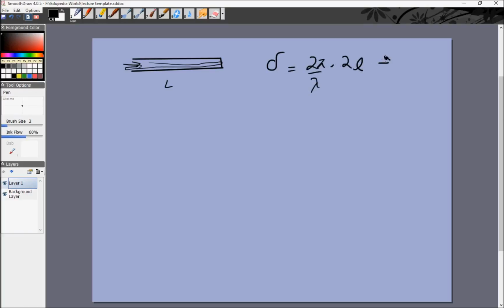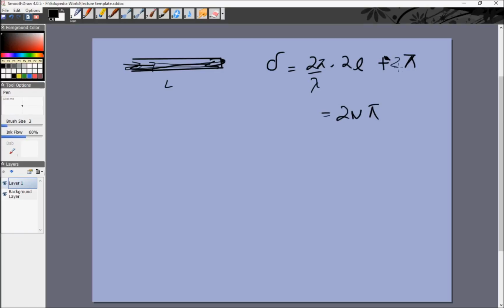Then plus, now, this closed end is a pressure antinode, so the wave will not be inverted. So there will be no phase difference when it is reflected from this closed end. When it comes back and is reflected from this open end, it will suffer a phase difference of pi. Right? So this is the net phase difference, and this needs to be equal to 2n pi for constructive interference to take place.